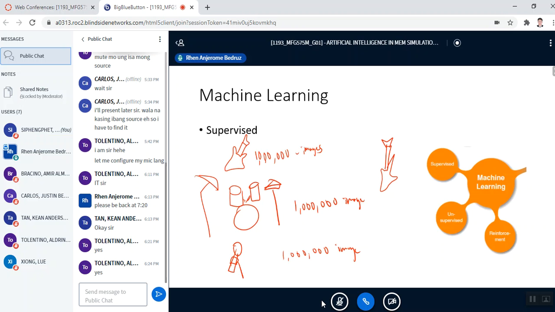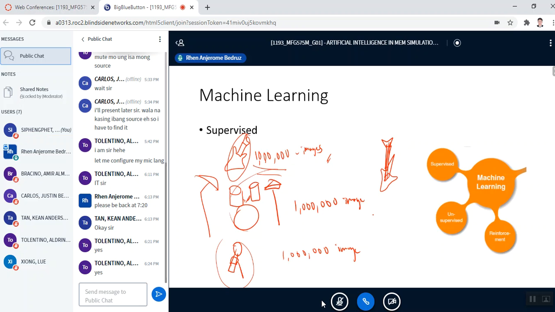What the AI would do is train itself. If I see this shape, this is a guitar. If I see this, this is a drum set. If I see this, this is a microphone. I have 1 million images of each, so that I'm really sure I could know whether it's a guitar at different angles.